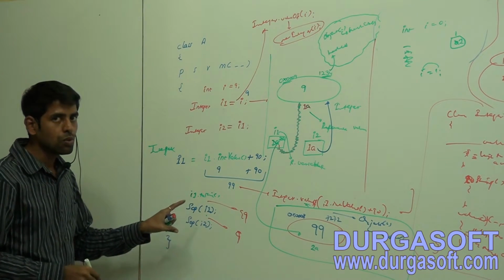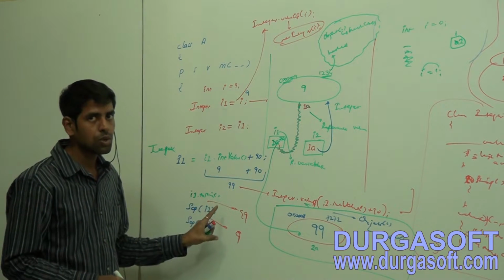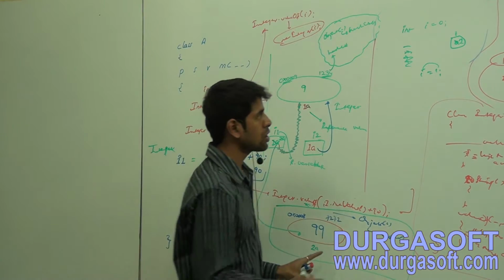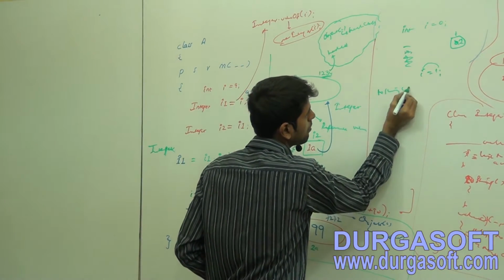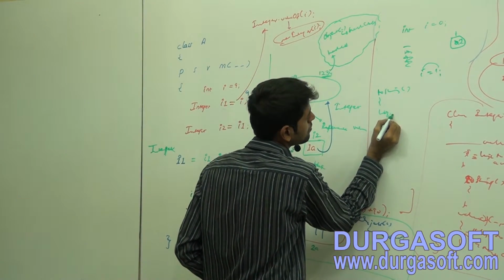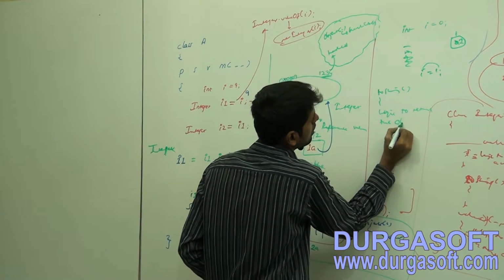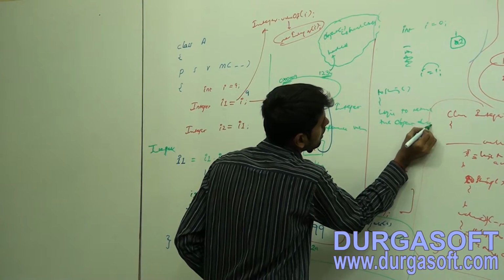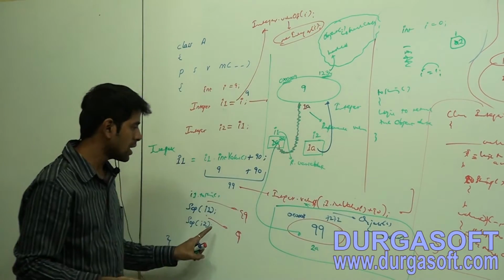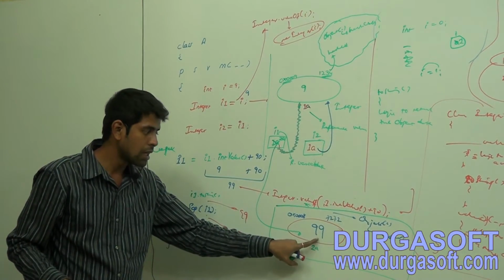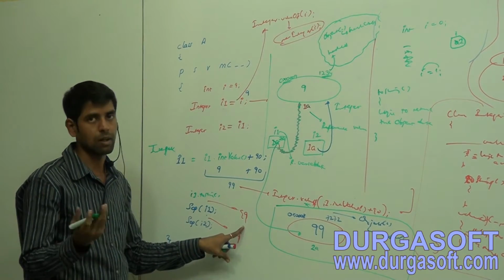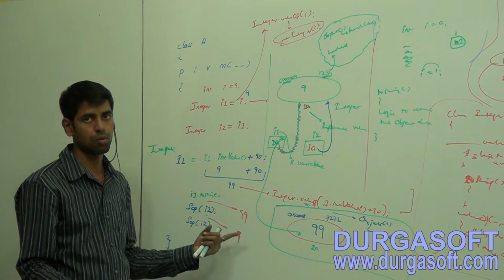What is there within the toString method? It has logic to return the object data. Object data is 99, so that's why 99 we are getting as output.